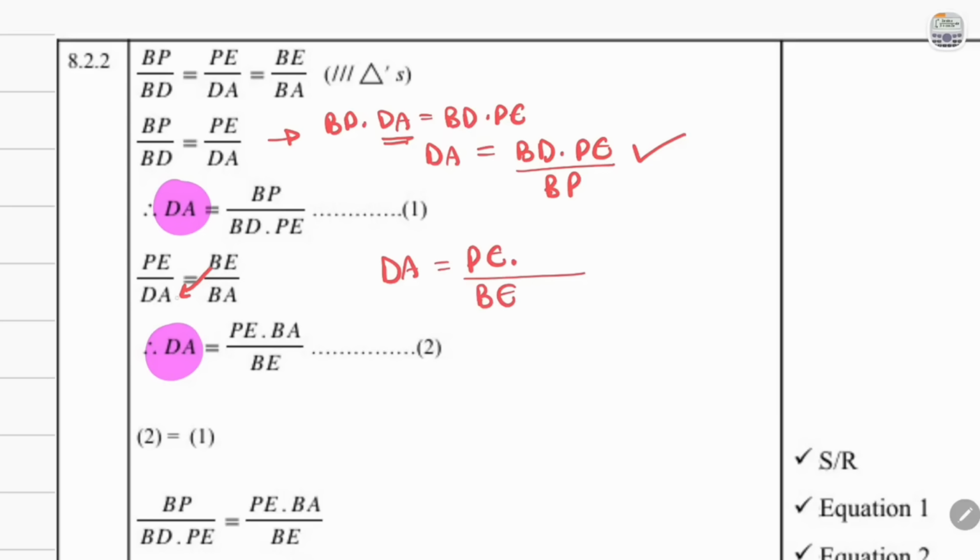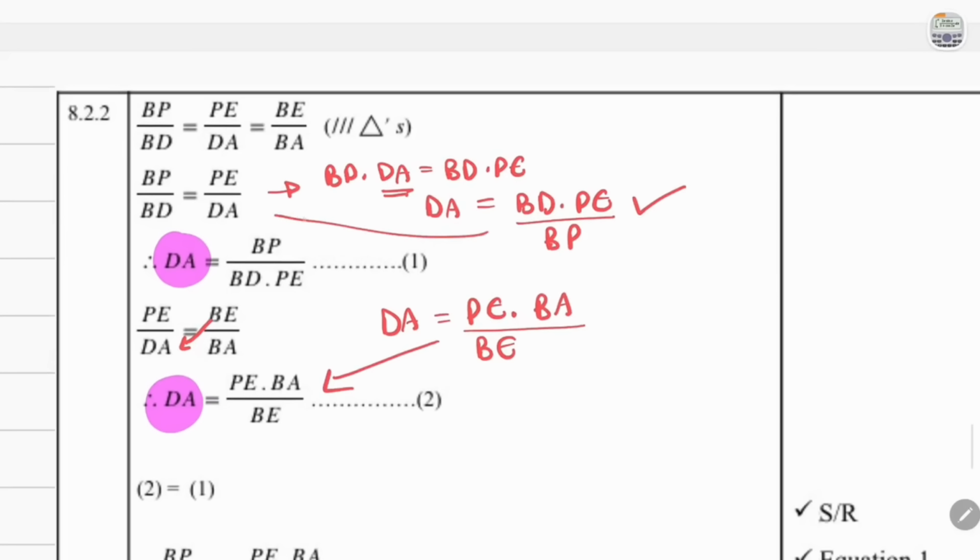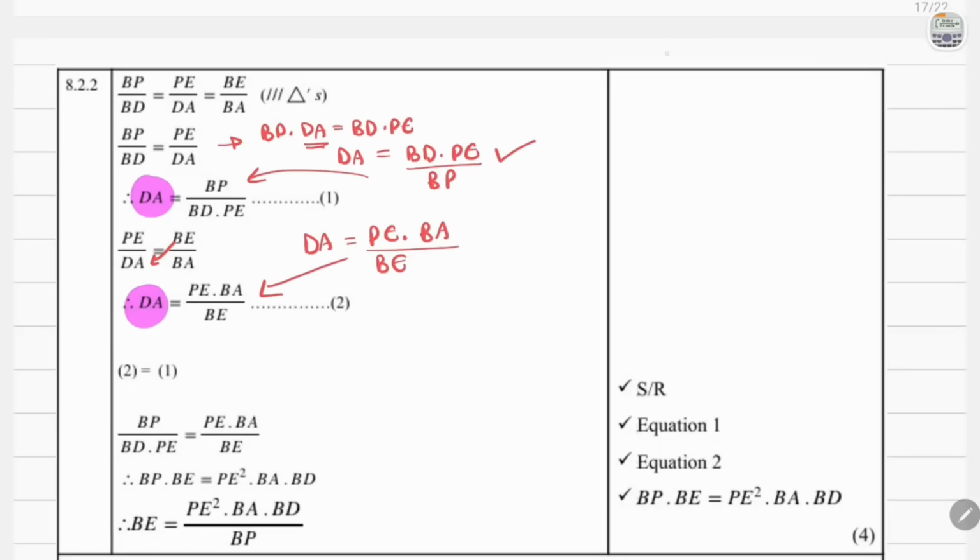And what will go to the top, because we're bringing this over to this side and making it the subject, we moved BE to the side, so it went to the denominator. So the only thing that would come up here would be this BA. You could also cross multiply and make DA the subject. It would be BA that you have here. So you see how they follow that? And that's perfect. But because they didn't follow it here, that's where it seems like the error came.